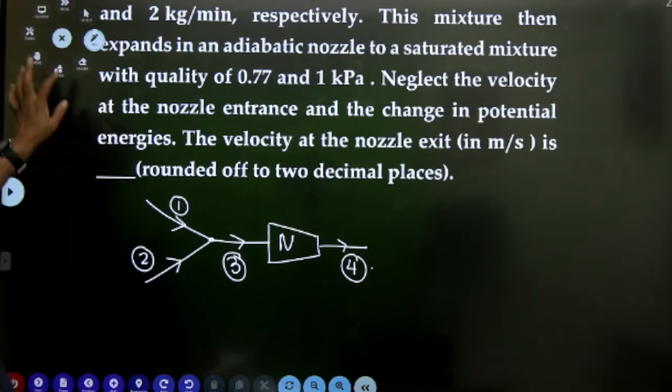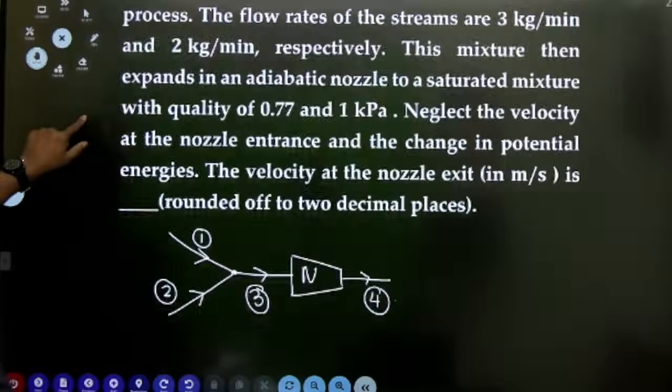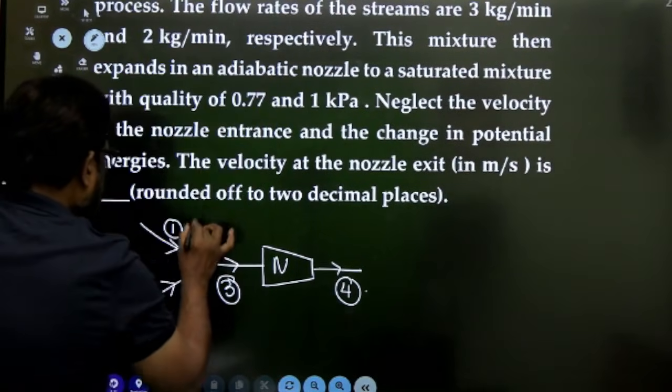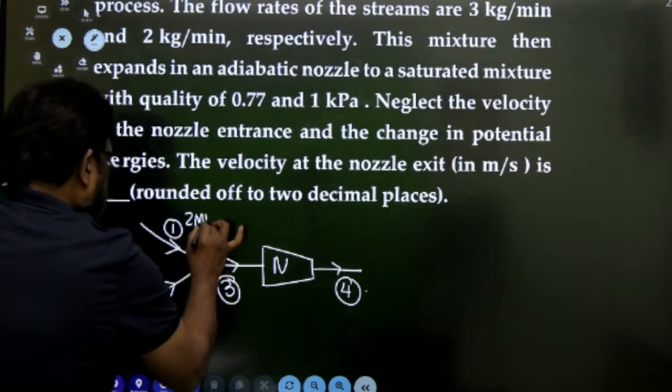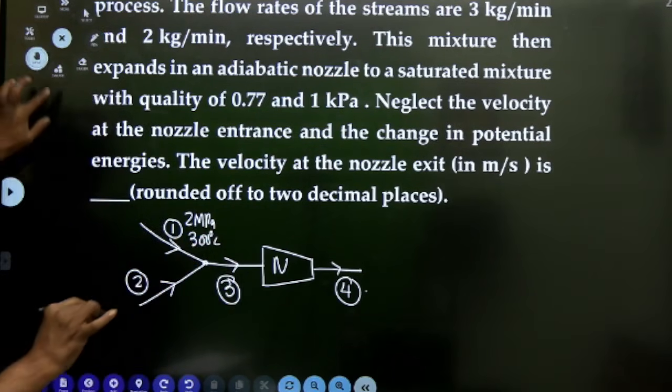I think, एक बार देखो सर, 2 megapascal 300, this is 2 megapascal, 300 degree centigrade. ये वाला क्या है सर?